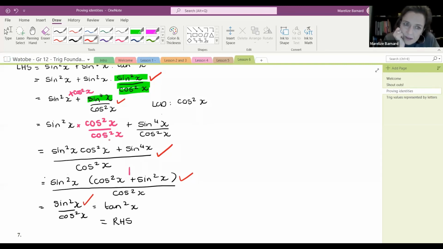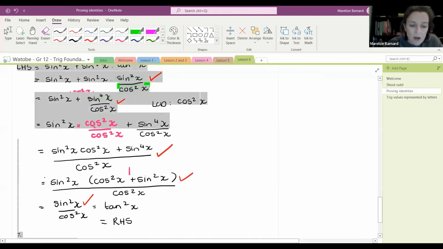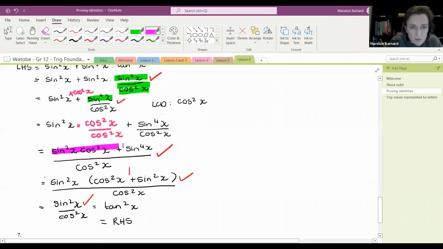It can be seen as an identity and as removing a common factor. So we factorize this part here. We take out a sine squared x as a common factor. And then because we factorize, what we get in the brackets is cos squared plus sine squared, which we know is 1. Thank you. I hope that makes sense.